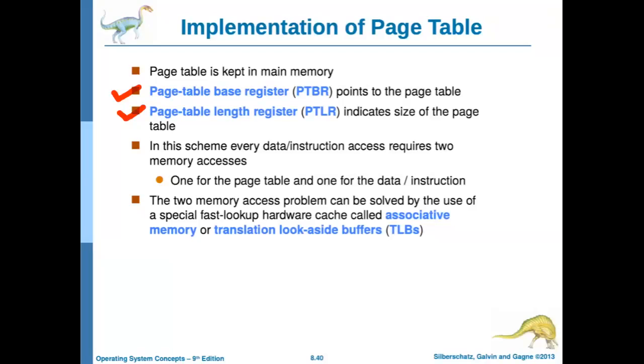So one memory access is required for the page table and the next one is required for data or instruction. And as we are already aware, memory is comparatively slow. So that actually creates a problem. For each and every instruction, I need to access the memory twice. And memory is slow compared to the processor. So that is a performance bottleneck.